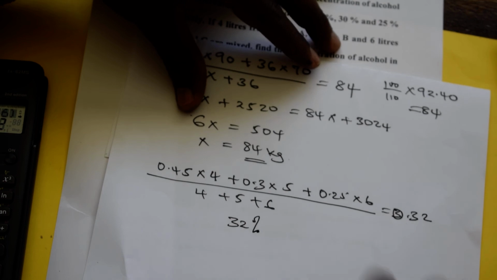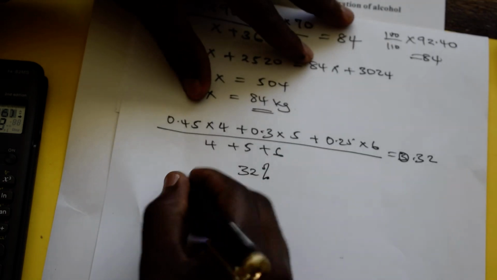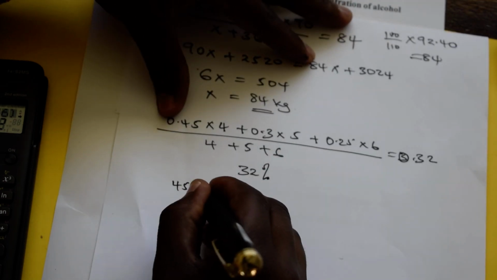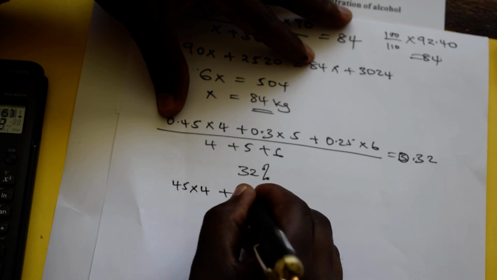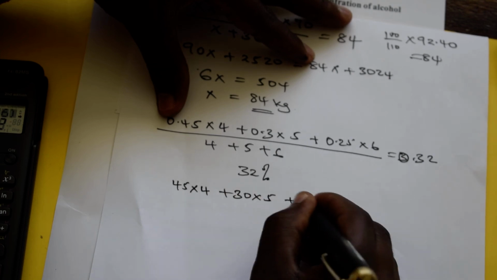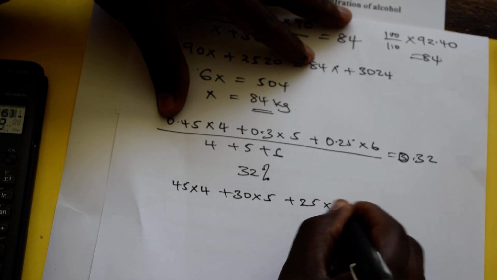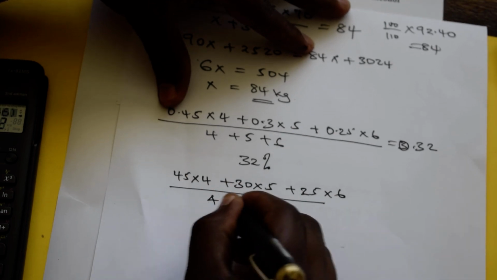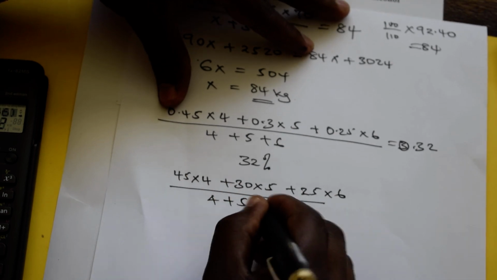Or you can also take it as 45 times 4 plus 30 times 5 plus 25 times 6, over 4 plus 5 plus 6.